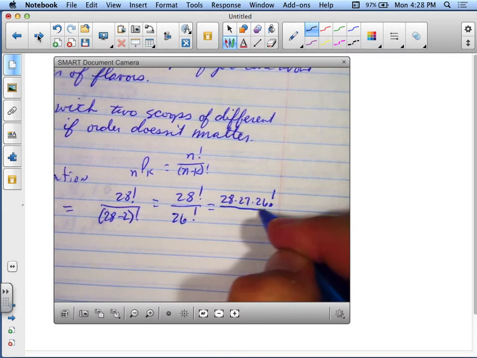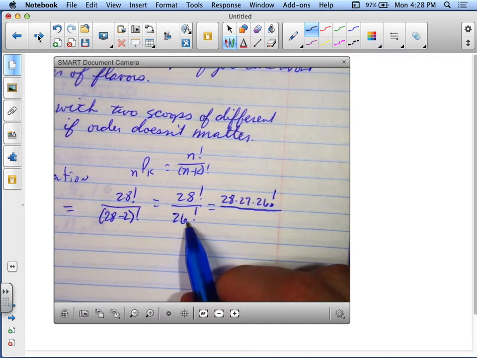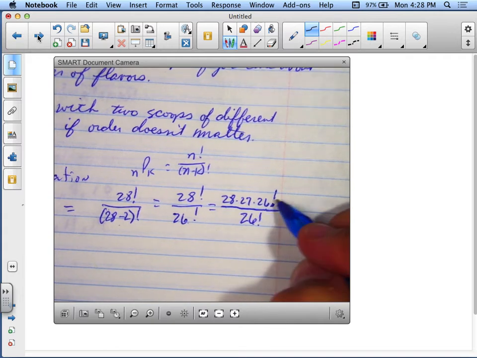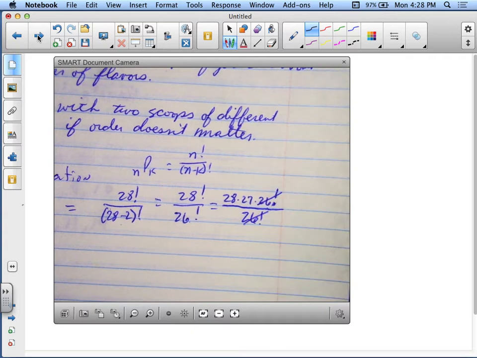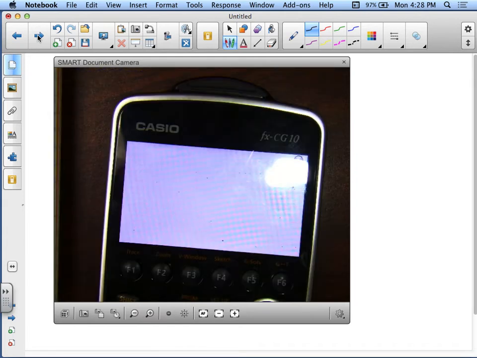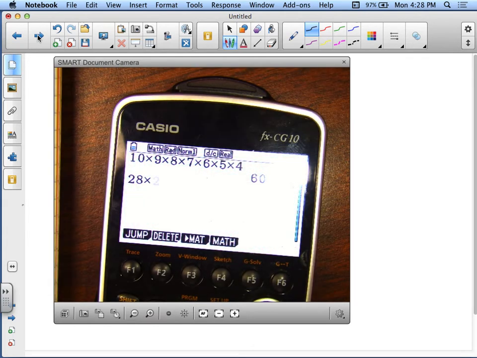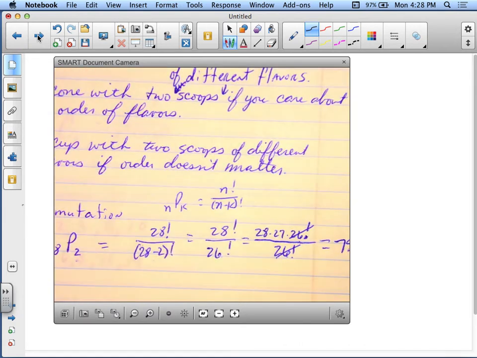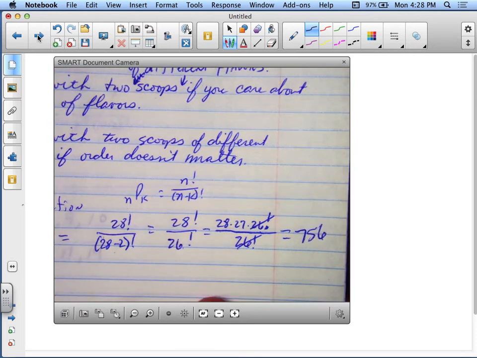And since this is multiplication, I can eliminate 26 factorial, which leaves me 28 times 27, which is 756. So there are 756 possible combinations for the first one.